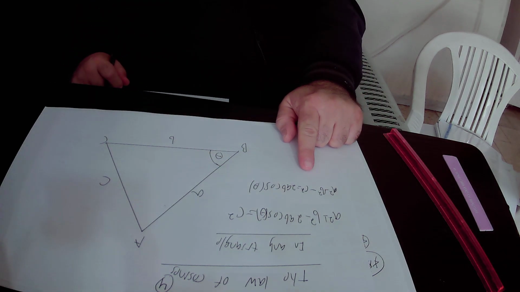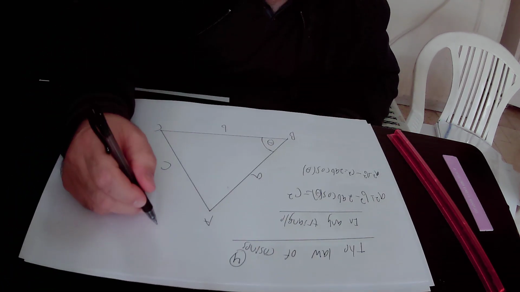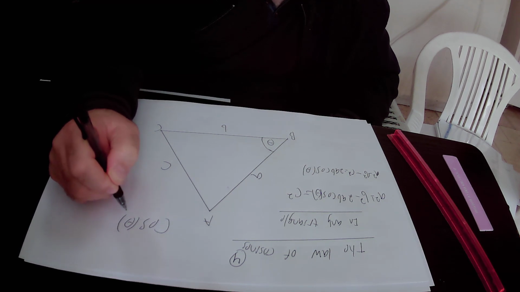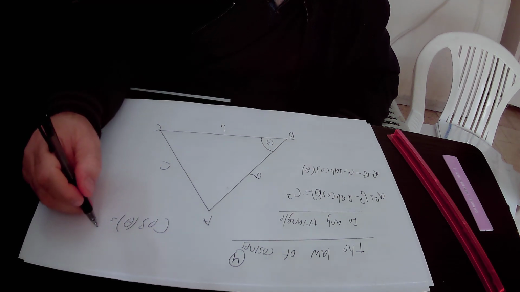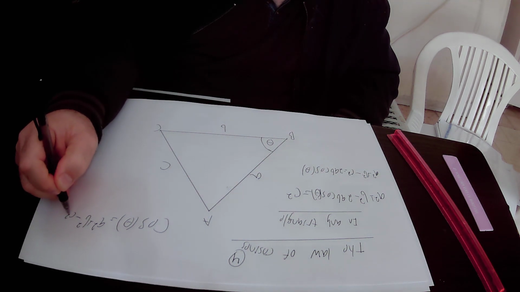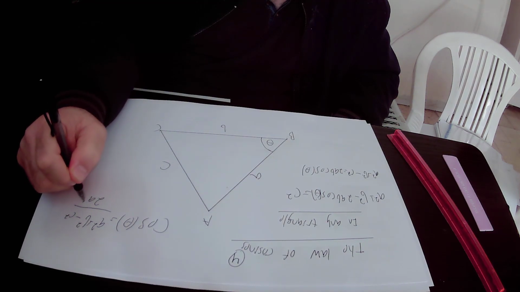Here we will divide this equation by 2 times AB, and we will get that cosine theta is equal to A squared plus B squared minus C squared over 2 times AB.